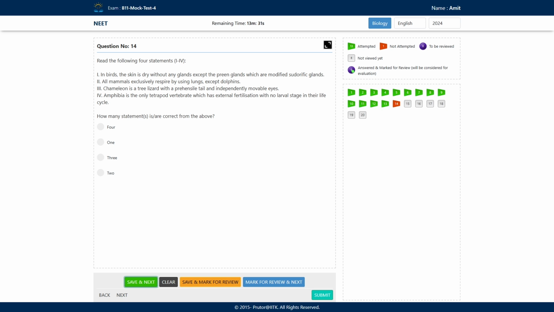All mammals exclusively respire by using lungs except dolphins. Is this correct?